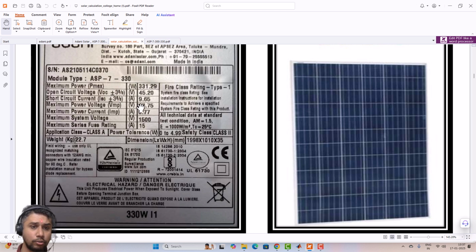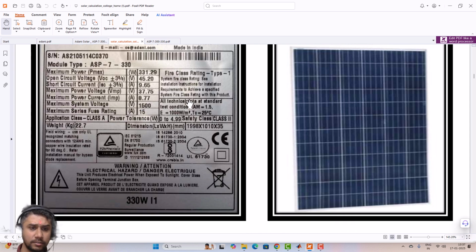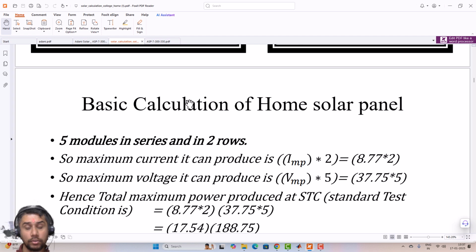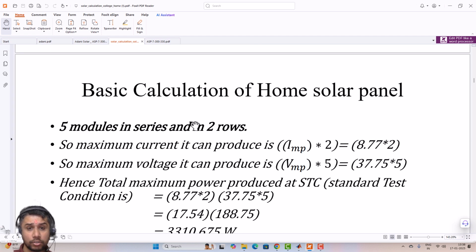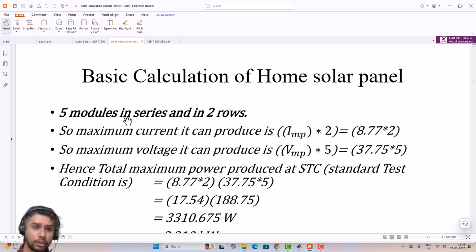These are some values of voltages and current as per the datasheet, so they have mentioned. Now I have installed 3.3 kilowatt solar at my home, with 5 modules in series and 2 in parallel. So a maximum of 5 modules are connected in series, so the current is the same in all 5 modules in series, and there are 2 rows, so the current is double, IMPP into 2.